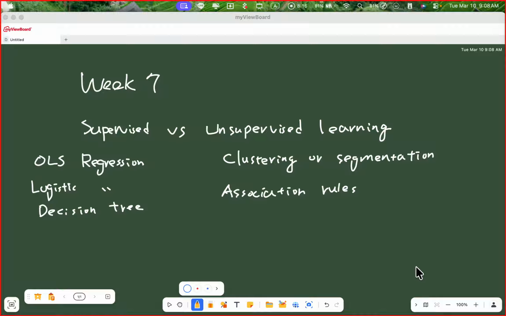Suppose we have a scatter plot. We have the x-axis and y-axis, and we have a few data points: 1, 2, 3, 4, 5, 6, 7.